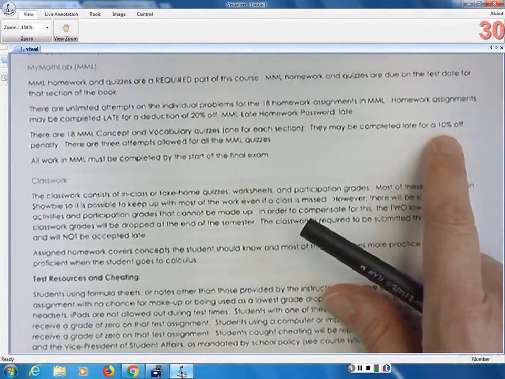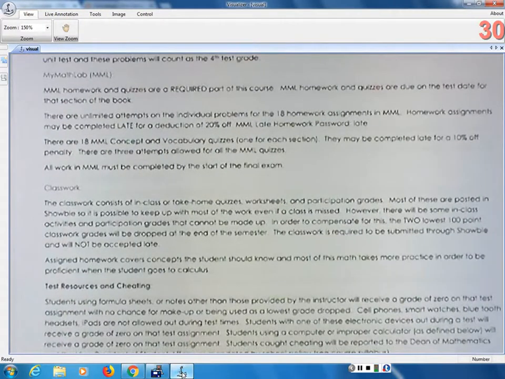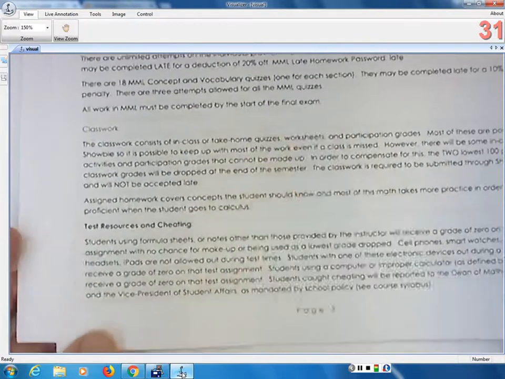It'll just ask if you want to do it late and probably tell you there's a penalty. I do take your highest score on the quiz. So if you get 100 the first time, and later in the semester want to review it and take it again, I'm still going to count that 100. You have to finish all your work by the start of the final exam.